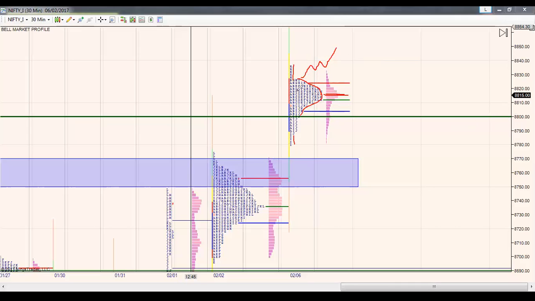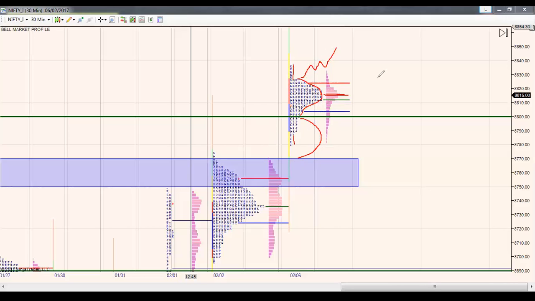Had we rejected here and created value below this resistance, then we might have said that the bears have taken over and the bulls have failed to take the price up. But since we have value above this particular resistance, and we have sort of a rejection or excess at both ends, this still remains pretty indecisive.